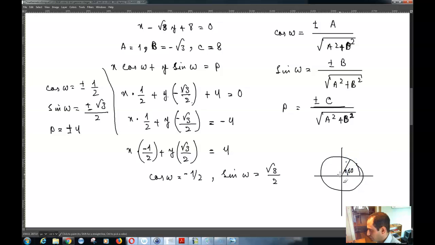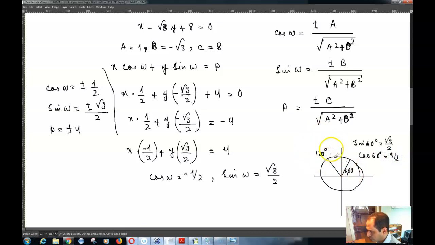If you go another 30 and 30, another 60 degrees, you will get to this angle, which is equal to 120 degrees. The sine of 60 degrees is equal to square root of 3/2. The cos of 60 degrees is equal to 1/2.